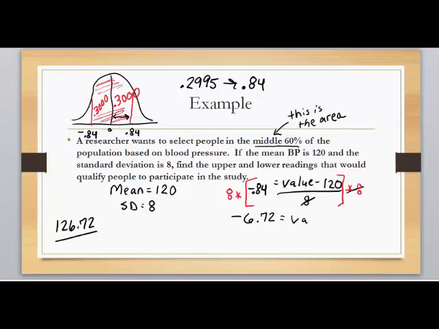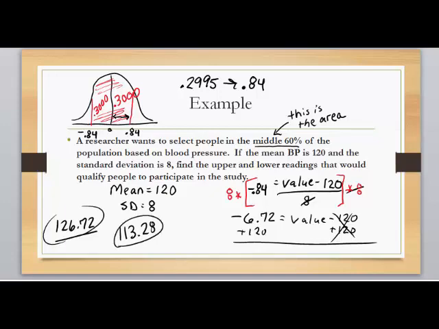And then we'll have the value minus 120. And again, the final step is going to be adding the 120 to both sides. Causing it to cancel on the right. And giving me, as my second answer, 113.28. All right, so these are the two solutions to the problem.